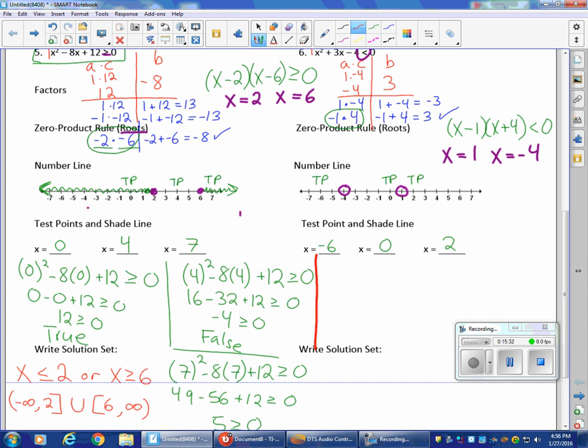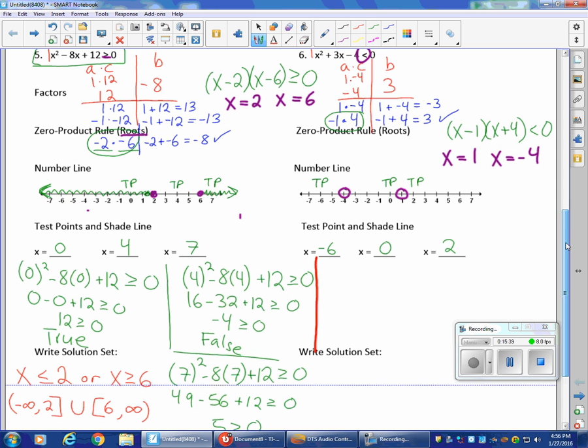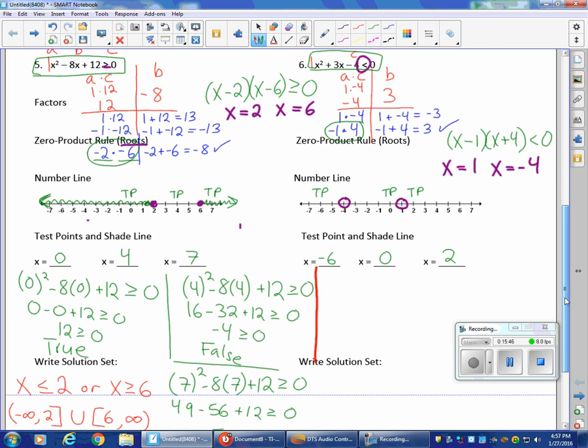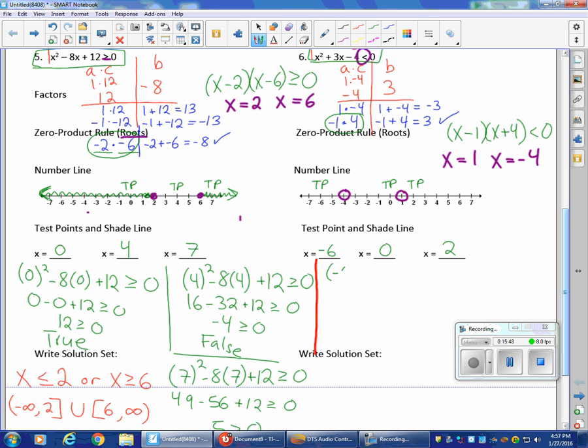Alright. So, yet again, we're going to go back to the original equation that we started with, which was x squared plus 3x minus 4 is less than 0. So, negative 6 squared plus 3 times negative 6 minus 4, is this less than 0?